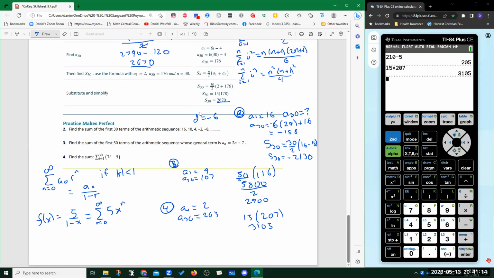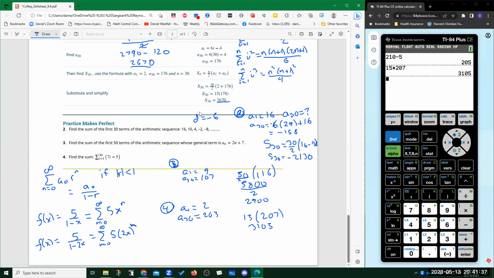If f of x was equal to 5 over 1 minus 2x, then this would be the sum from n equals 0 to infinity of 5 times 2x raised to the n. And you have to put parentheses around the 2x.